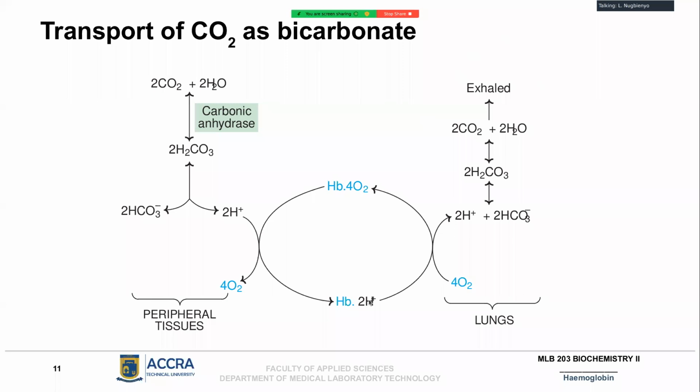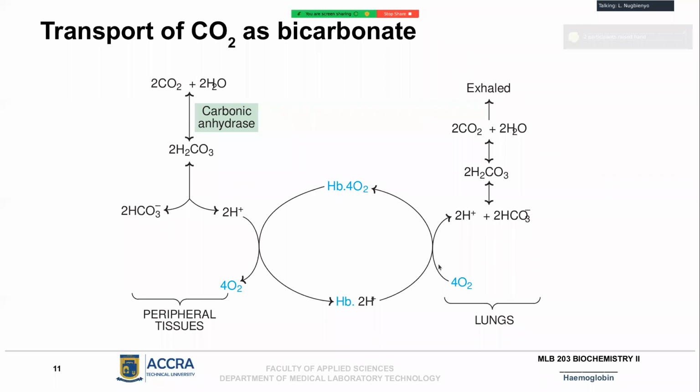This protonated hemoglobin moves in the blood to the lungs, whilst we have the bicarbonate ions flowing freely in plasma.